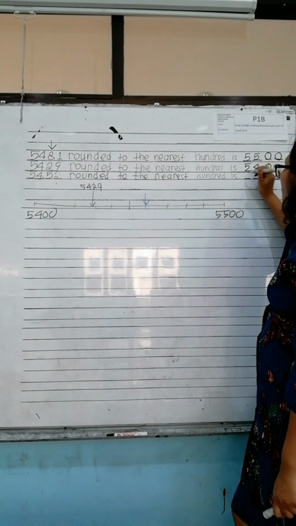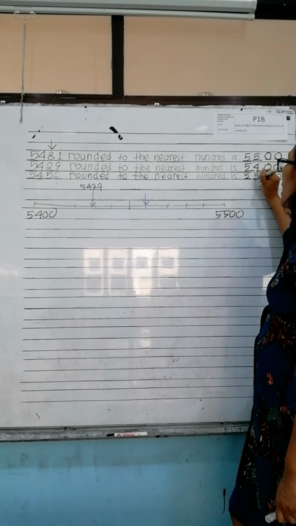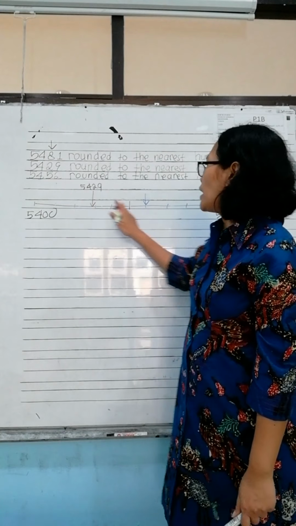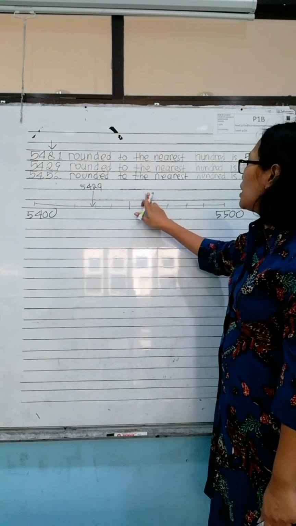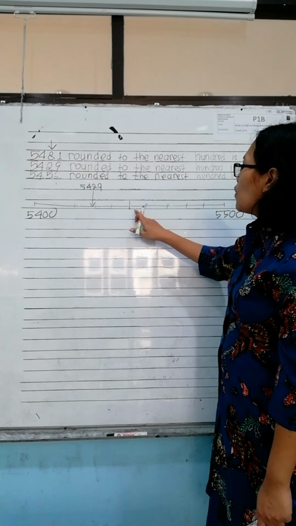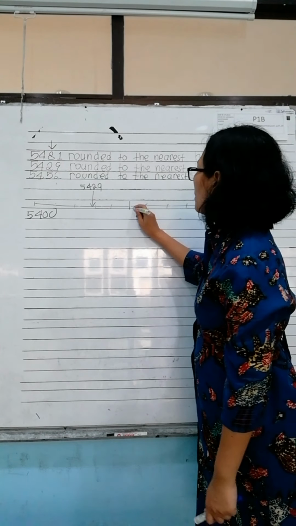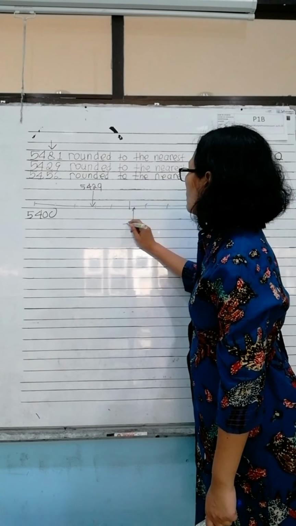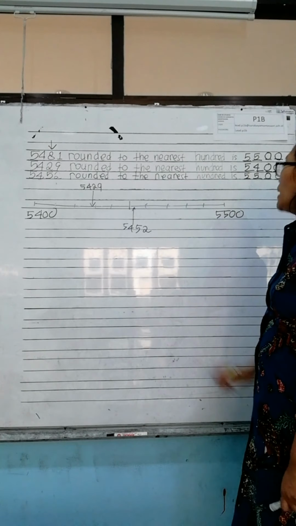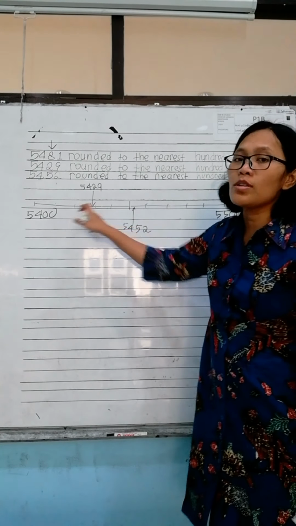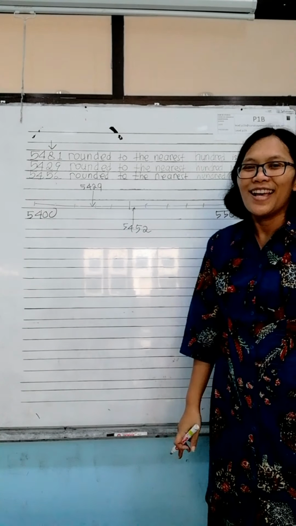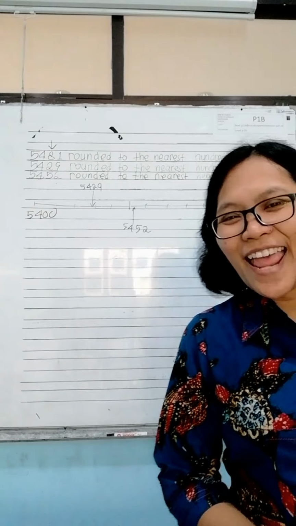So that is why it will become 5,500. On the number line, 5,452 will be here, a little bit here. It's almost the same distance, but it's closer to 5,500. So the answer is 5,500.